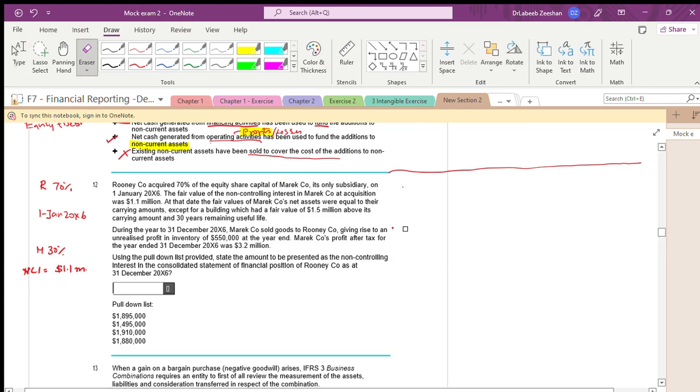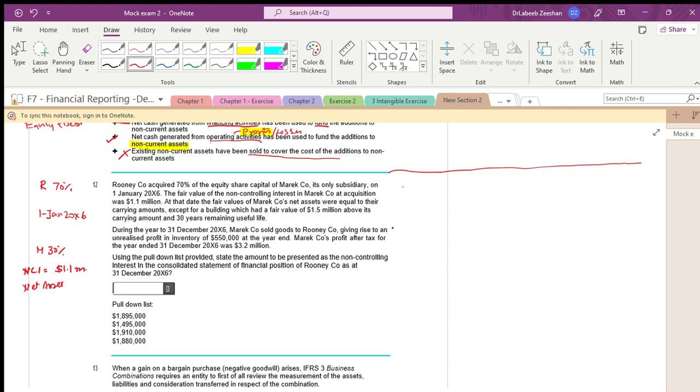At that date, the fair value of Merck's net assets were equal to the carrying amounts, except the building, which has a fair value of 1.5 million above the carrying amount.